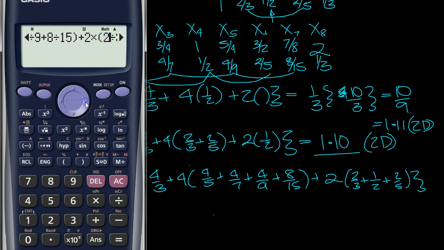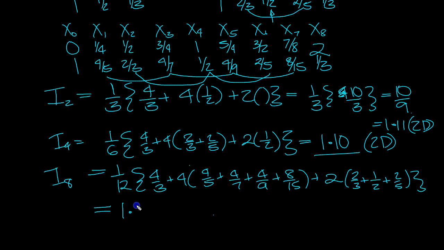Plus 2 times 2/3 plus a half plus 2/5. Everything seems okay there, and that was equal to, in decimal, 1.15 to 1.16. That was to 2 decimal places. Now it looks like you'd have to carry on, wouldn't you? Because you're not getting any convergence here at the moment. You'd have to do I16 if you're going to do it to 2 decimal places.